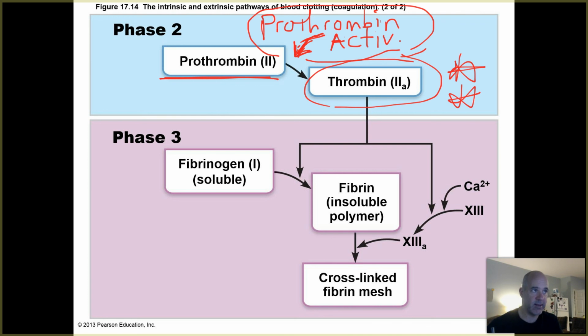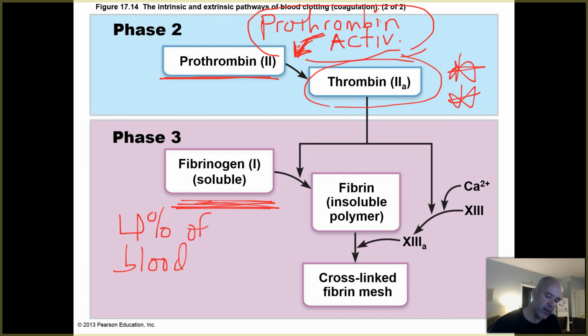And once you have this, it does a couple of different things. It converts fibrinogen, which is about 4% of your blood proteins that are circulating around at any given time. You have lots of that available. And it's inactive, it's soluble.